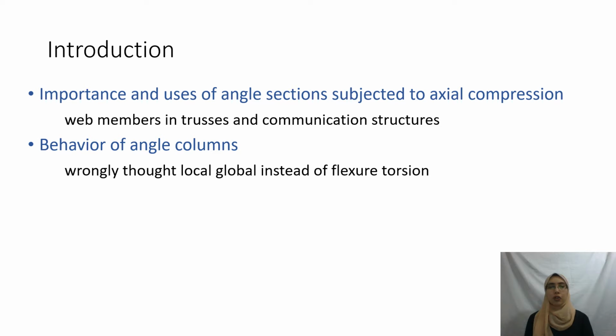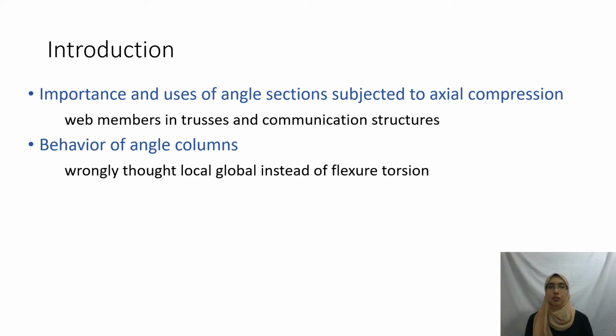Angle sections subjected to axial compression are widely used worldwide. Equal angles are used as web members in trusses, members of lattice transmission towers, and communication structures. Unequal angles are used in curtain walls. In the last decade, cold-formed steel members have become the go-to sections in steel construction. But angle sections are not widely used, due to the lack of understanding of their true behavior.